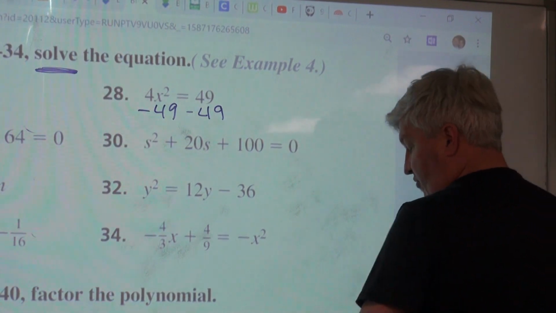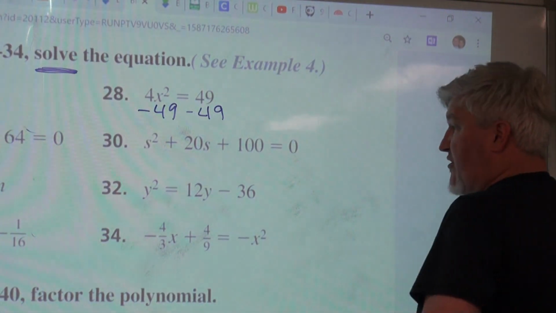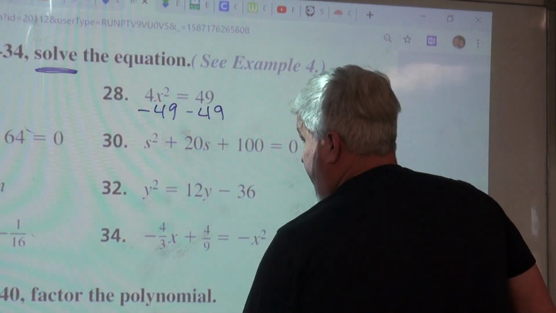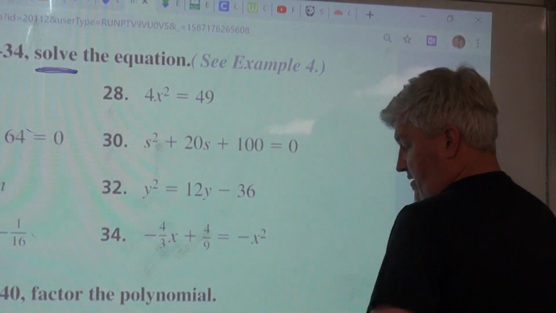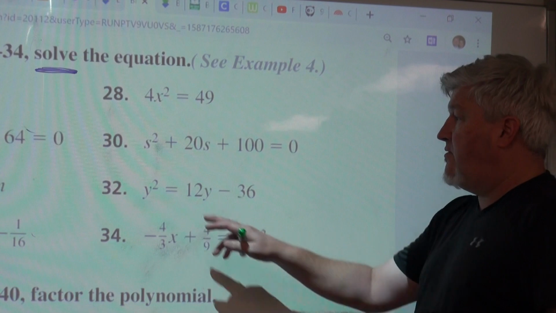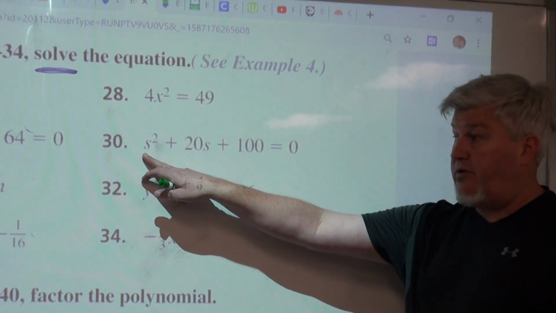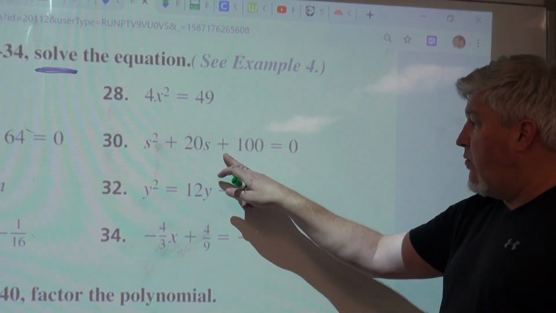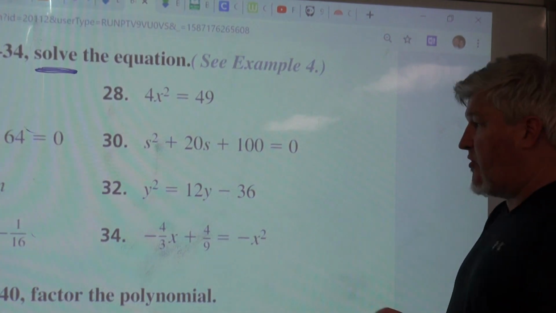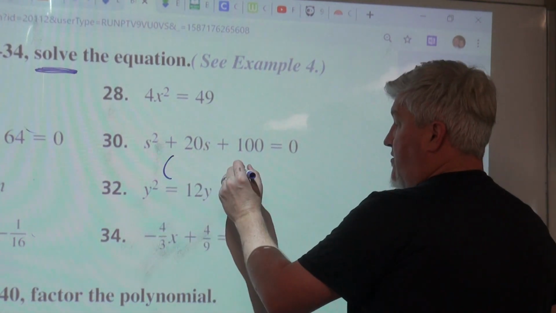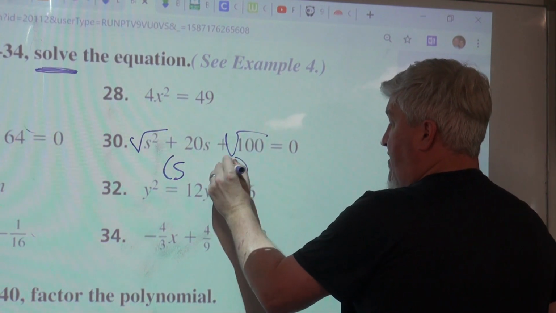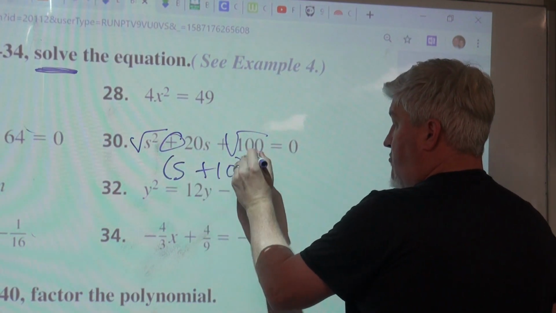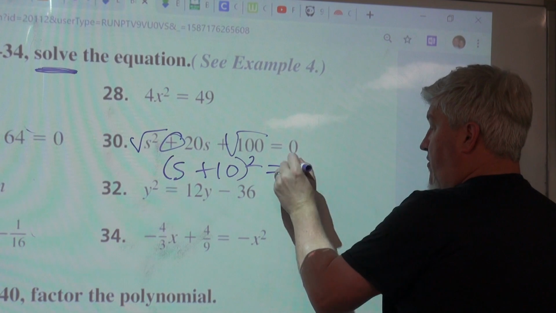Okay, number 30. Pretty straightforward looking problem in number 30. Everything's on one side of the equal sign, set equal to 0 like we like it. Again, perfect square here with the positive sign. It's a special equation that you can just quickly do this. Square root of this is s, square root of this is 10. It's a positive. Put your square sign, equal to 0.